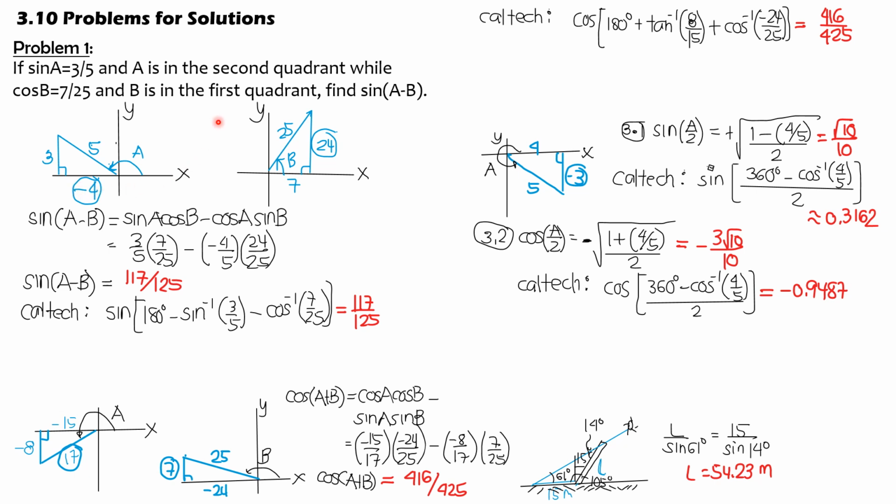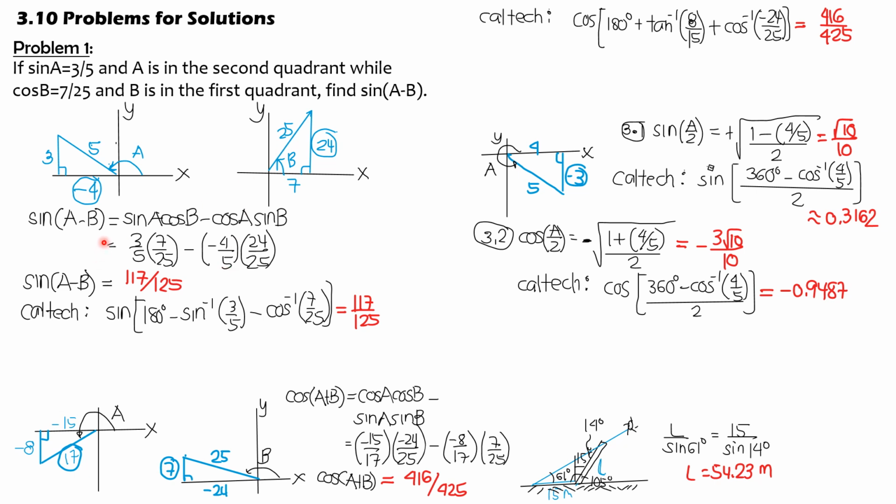Cosine of B is 7/25, x over r in the first quadrant, so that's angle B. Then this is positive 24, by Pythagoras theorem, square root of 25 squared minus 7 squared. And of course, you should be familiar with the proportions for a right triangle.